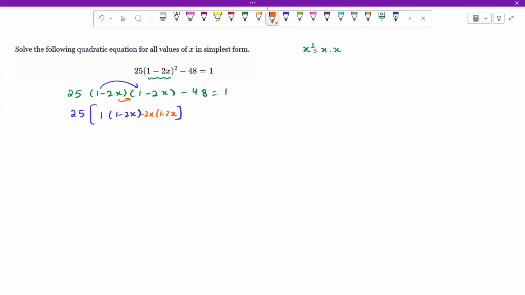1 minus 2x. Is this the same method that you have done, or is there some other method you have done for multiplication of factors? Is this the same method you have done, or is it some different one?